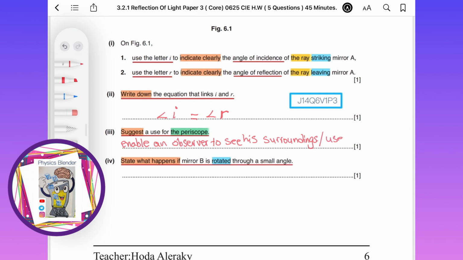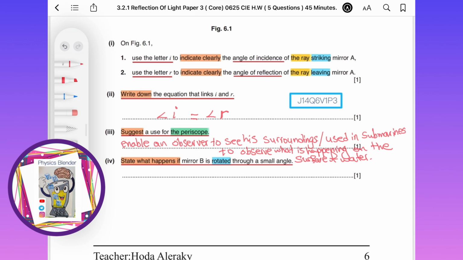You can write it's used in submarines to observe what's happening on the surface of water, on the water surface.